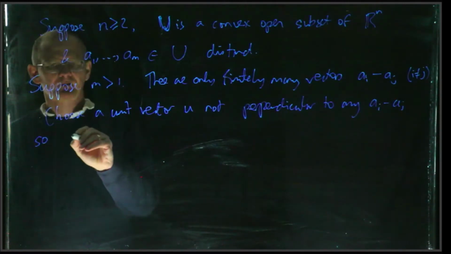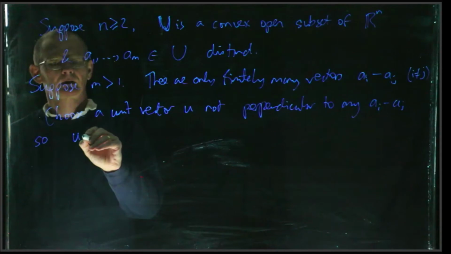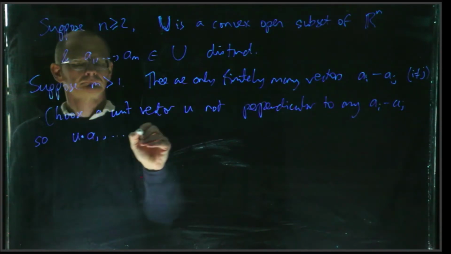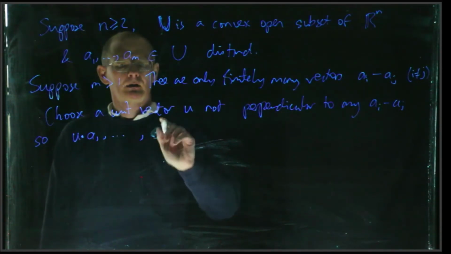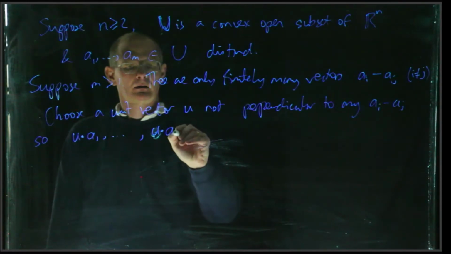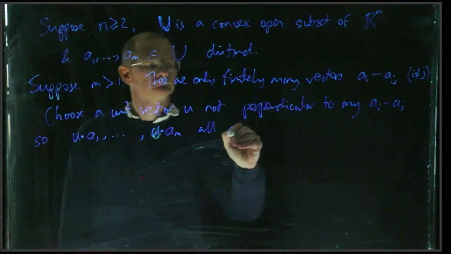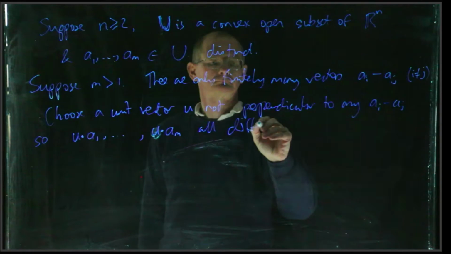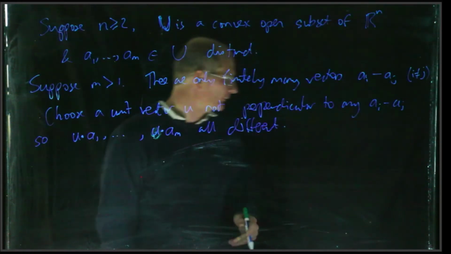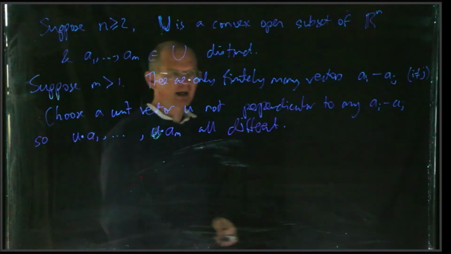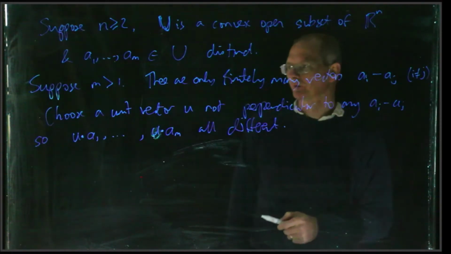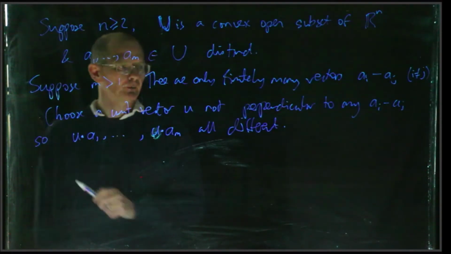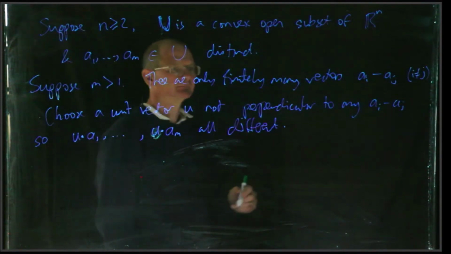The point about that is, if we look at the dot products, these are all different. If two of them were the same, if u dot a_i is the same as u dot a_j, then that would mean that u is perpendicular to a_i minus a_j.